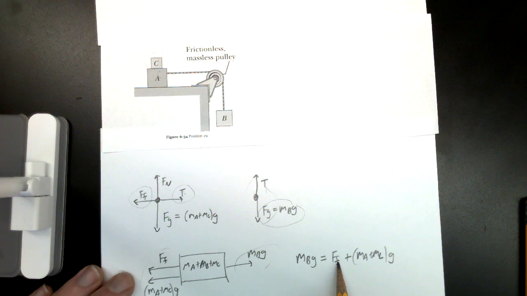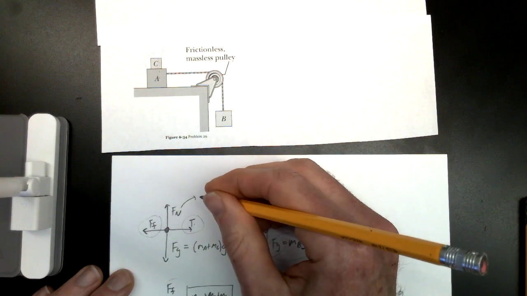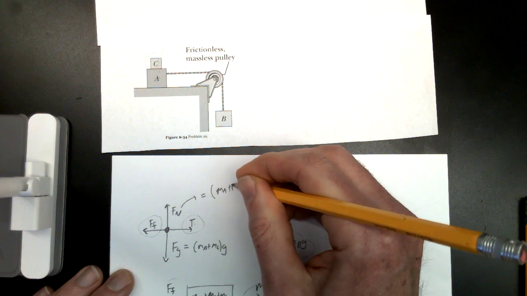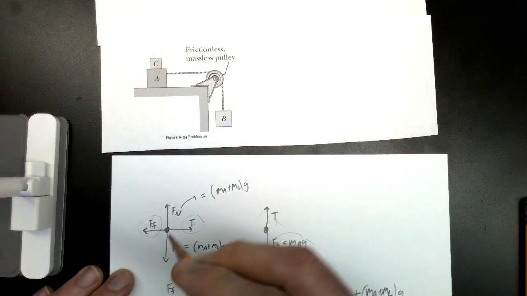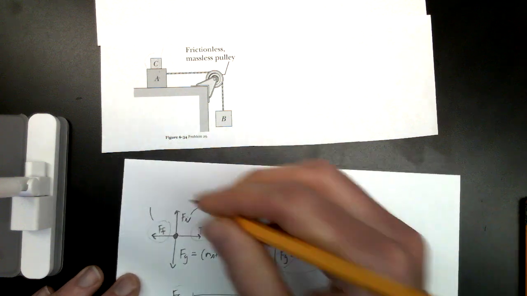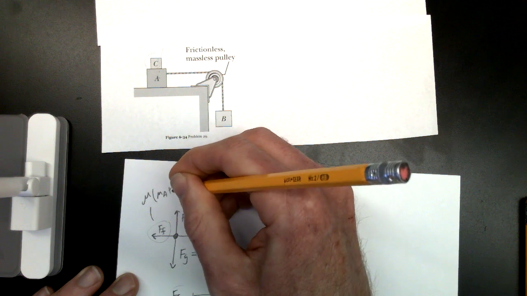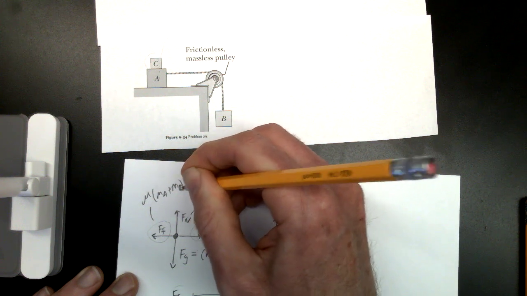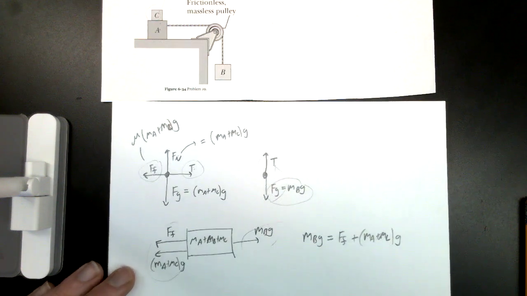Now, just to double back a little bit, this normal force we know is also going to equal this whole thing, (mA plus mC) times g, since those forces have to be balanced out. So this friction force is going to be mu times (mA plus mC) times g. So we know those things are going to work like that.